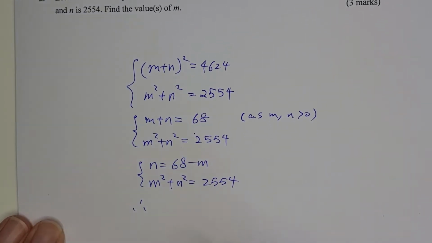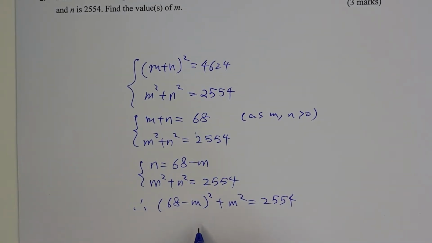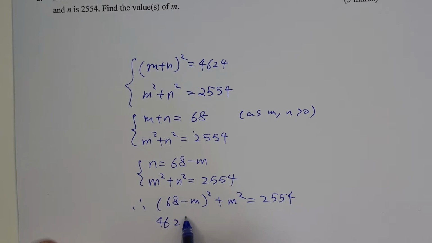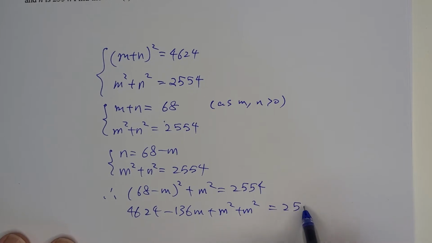Therefore, you will get 68 minus m, bracket squared, plus m squared equals 2,554. And when you remove the bracket, that is 4,624 minus 136m plus m squared plus one more m squared, that will equal 2,554.